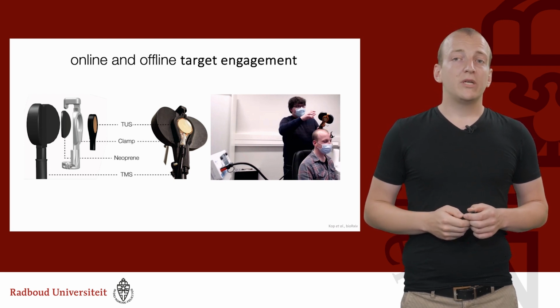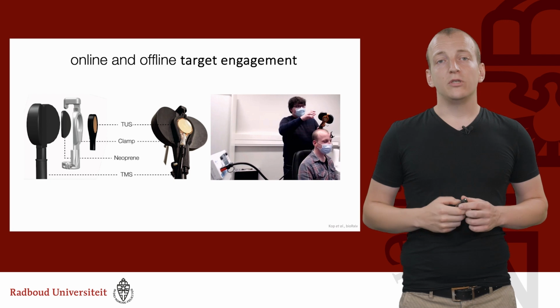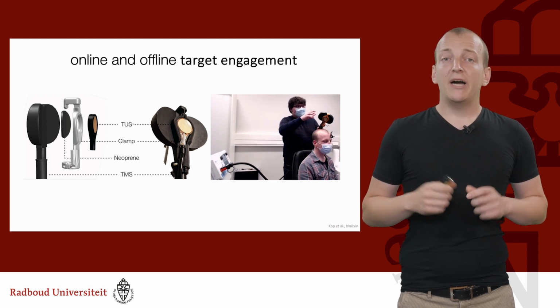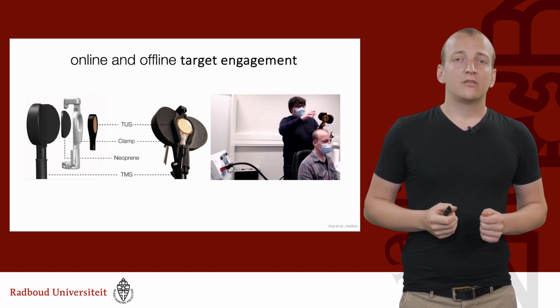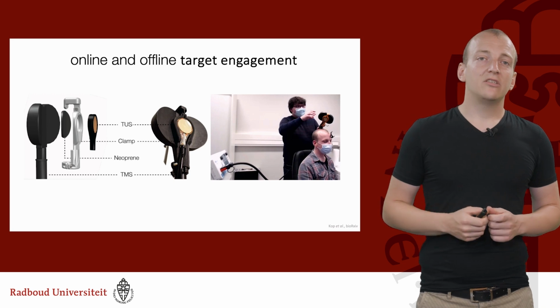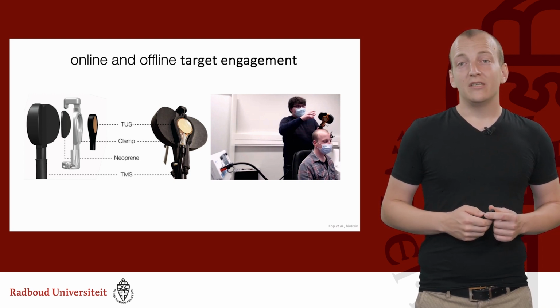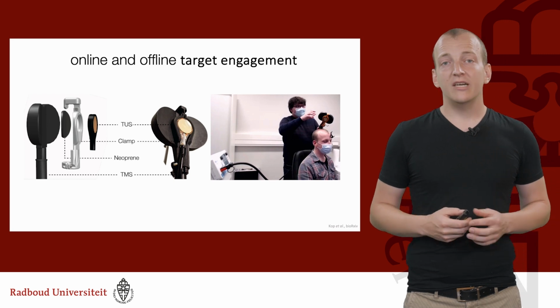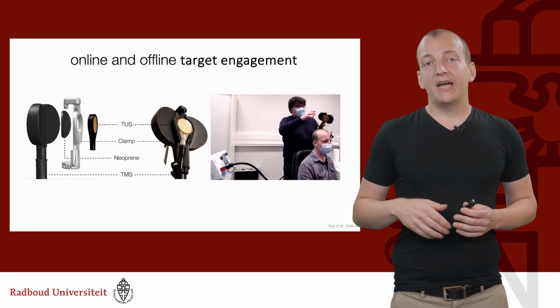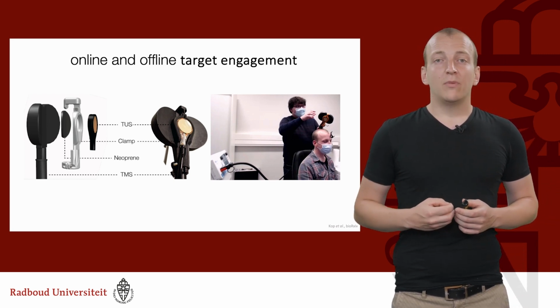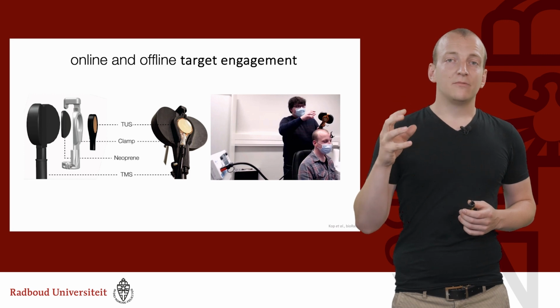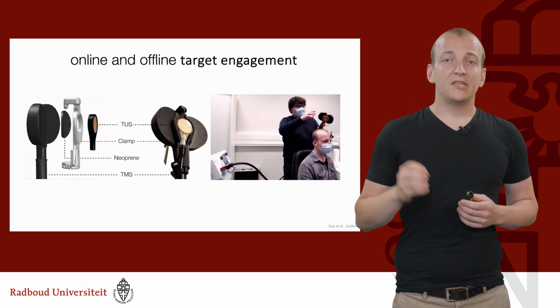So one way in which we can do this, and also a way in which we do this in the lab, is by combining brain stimulation techniques. So TMS, transcranial magnetic stimulation, is an established method in which we could stimulate, for example, the motor cortex. And by activating the motor cortex, you might get a little twitch of your hand. And we can very nicely read this out.